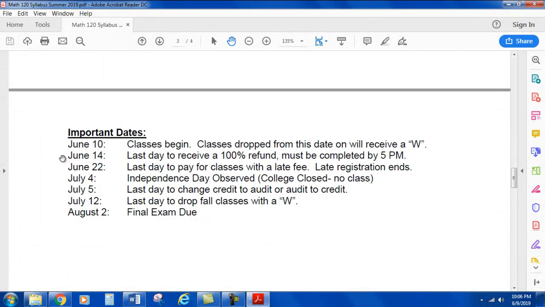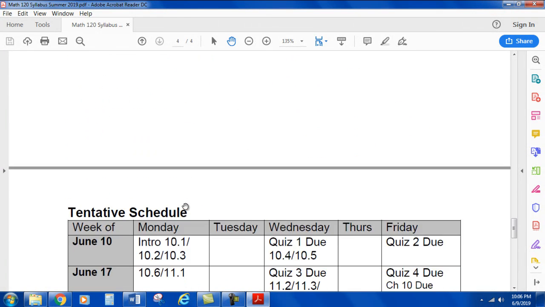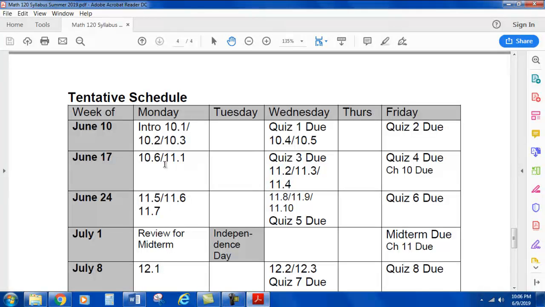Here are the important dates for this semester. Hope they're correct. These are the common important dates, and I try to change them to match what this semester will give us. Okay, and then down here we have our tentative schedule for the class. So the first week we're covering most of chapter 10.